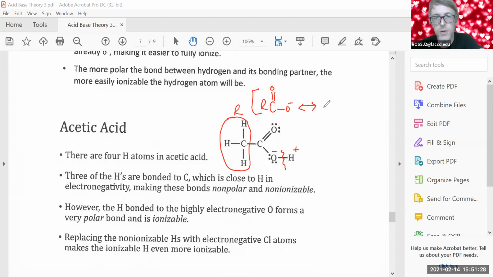form a resonance structure with, I should know better than to talk and write. Thusly, let's change the color here a bit. So I could have, so this would be a resonance here.